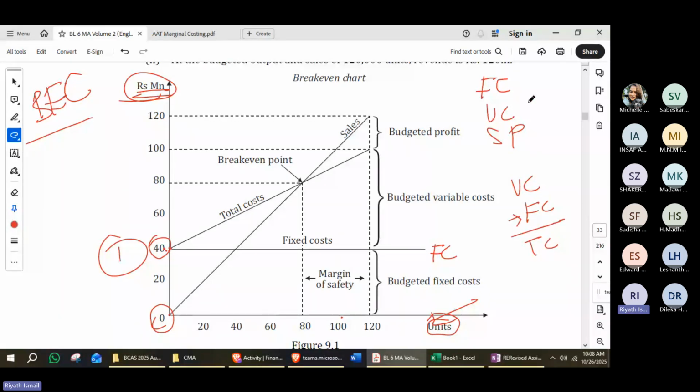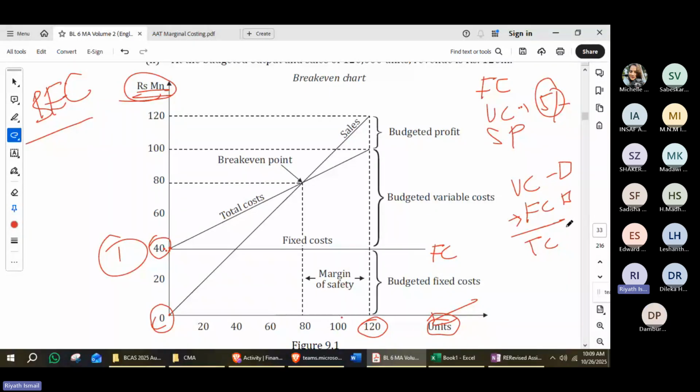And once we know the variable cost, say variable cost per unit is 5 rupees, then we know that at one point they are making 120 units. So we can find very quickly 5 into 120, that would be variable cost, and fixed cost has no changes.